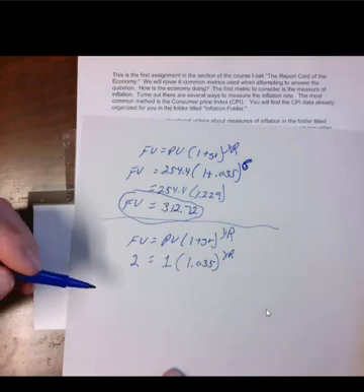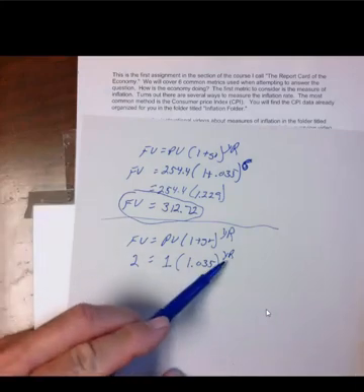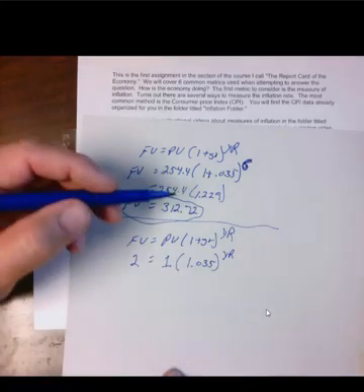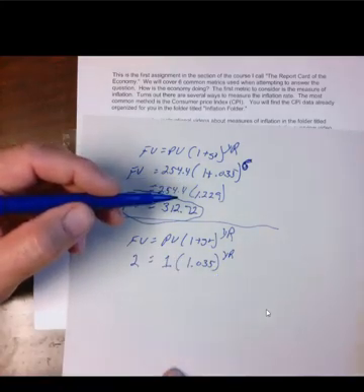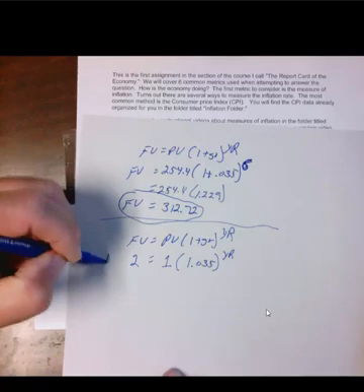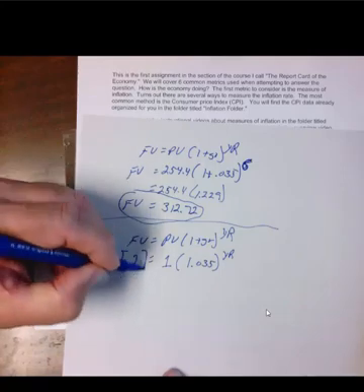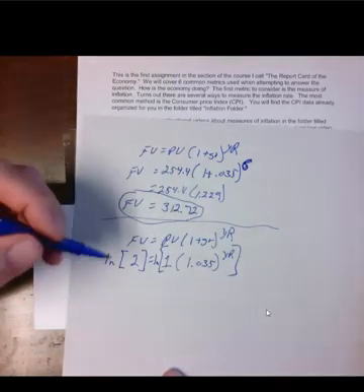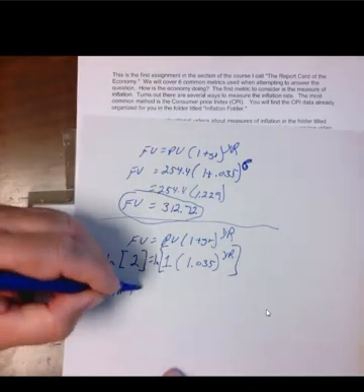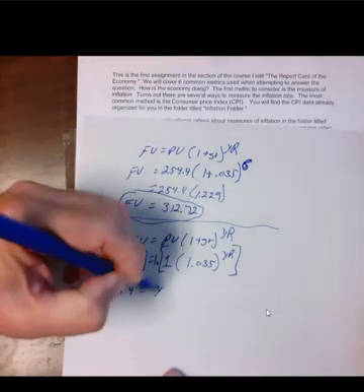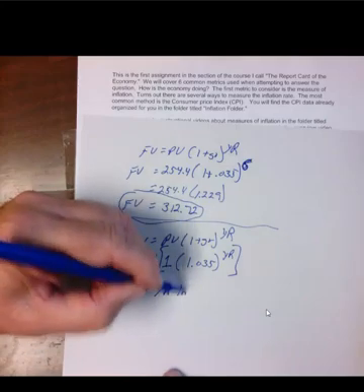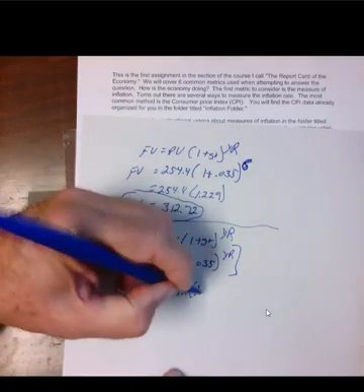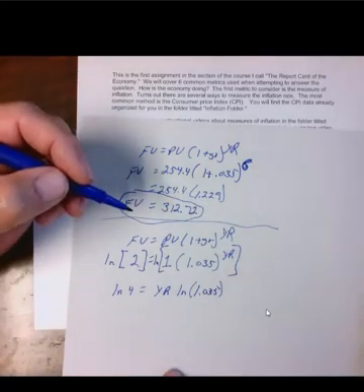So this algebra is a little harder because the thing we're trying to solve is sitting up here in this exponent, so we have to use the rules of logarithms, and I laid them out in that video, so I won't write them again. But if I just take the log of both sides, then I have the log of 2 on the left side, and on the right side I have year times the log of 1.035, like that.